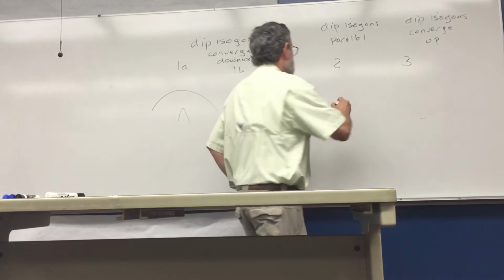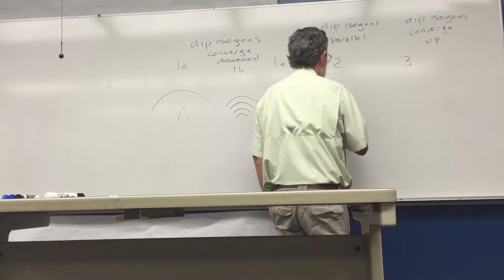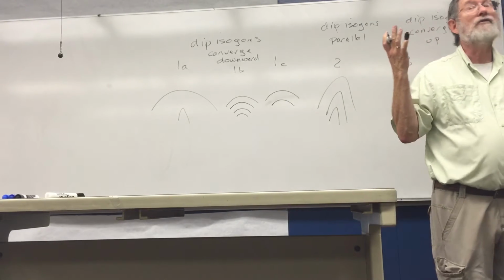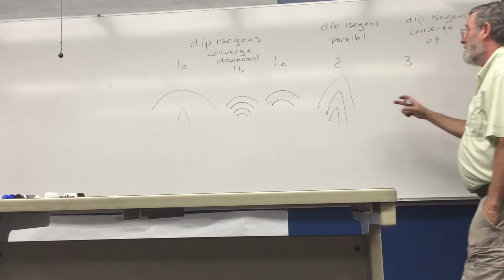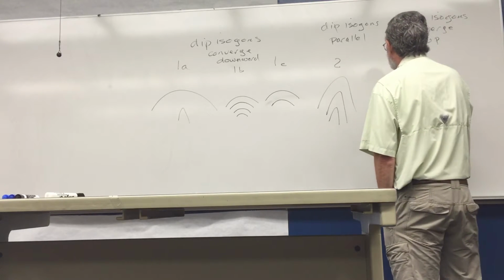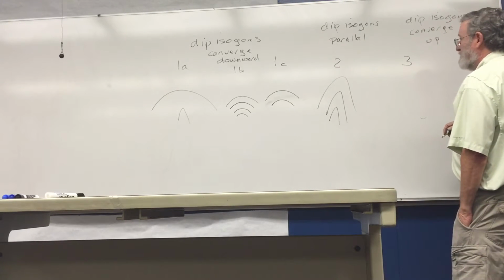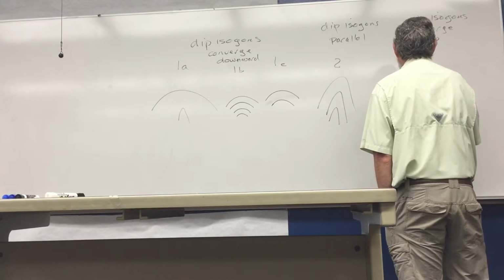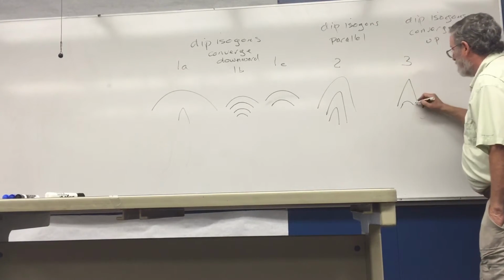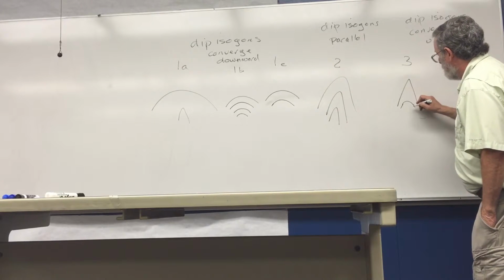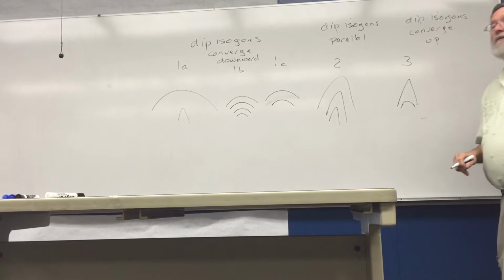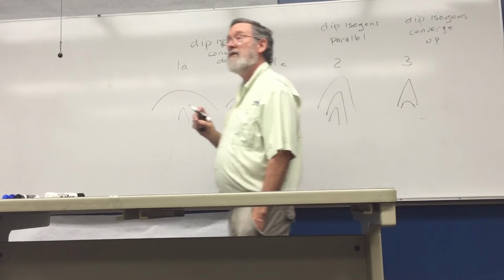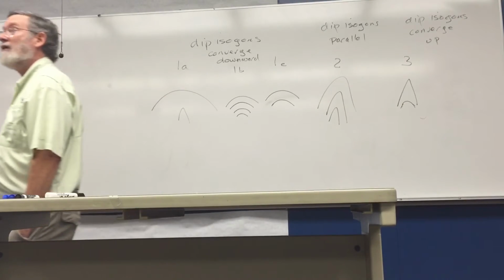In the type 2s, what he found was this geometry, which we called similar before. And in this one, we had some very intriguing systems where the curvature of the outer arc was greater than the curvature of the inner arc.